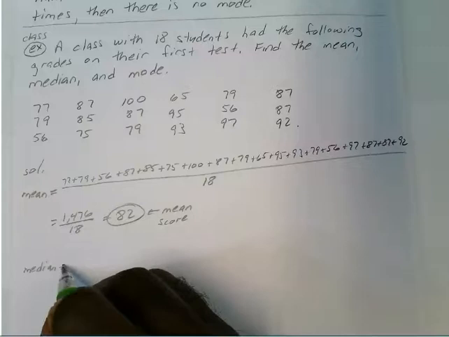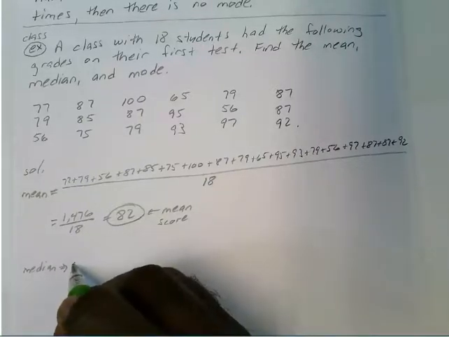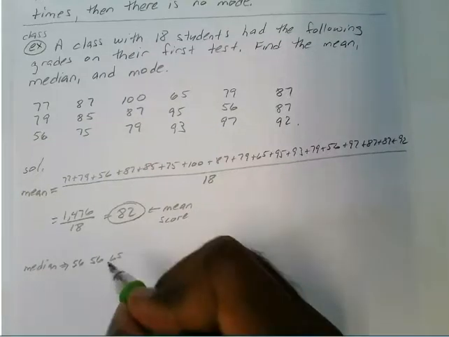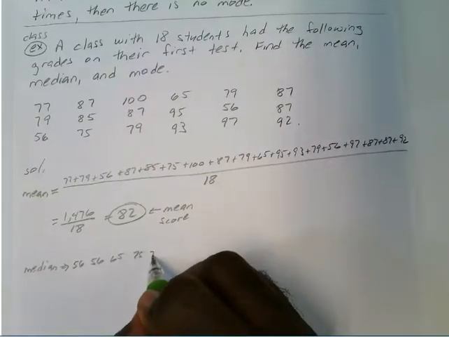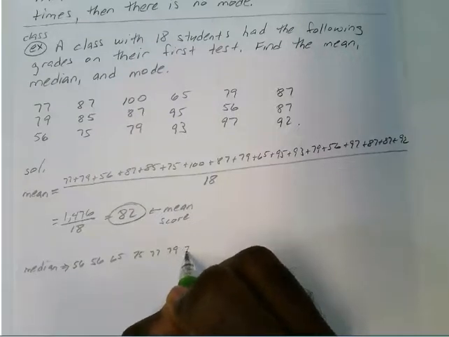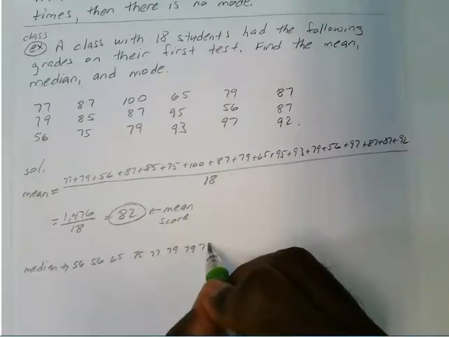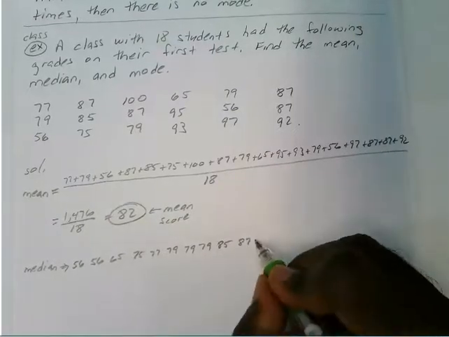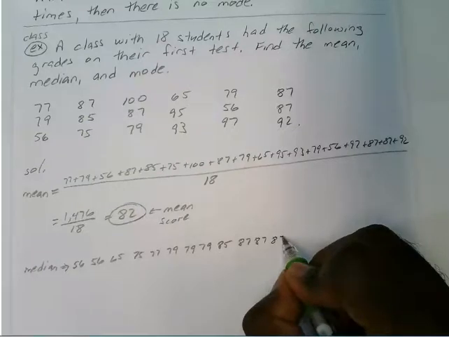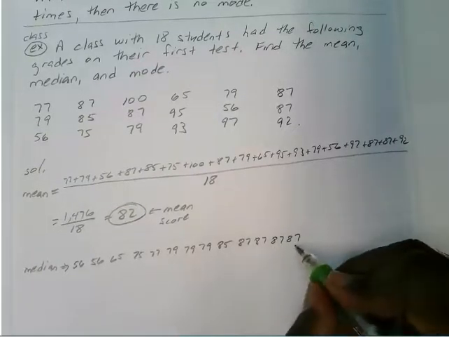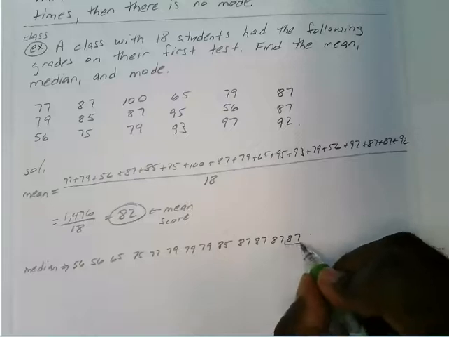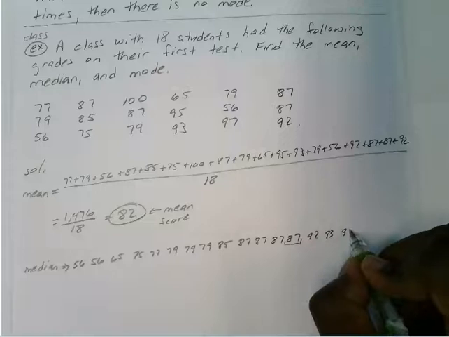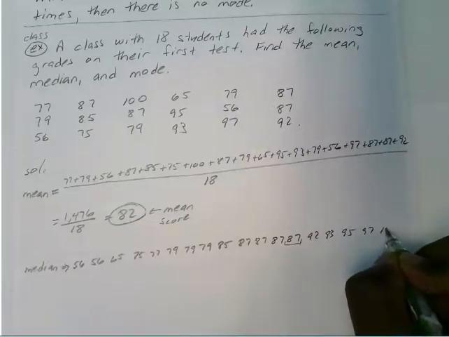So listing them from smallest to largest, we have 56, 56, 65, 75, 77, 79, 79, 79, 85, 87, 87, 87, 87, 92, 93, 95, 97, and 100.